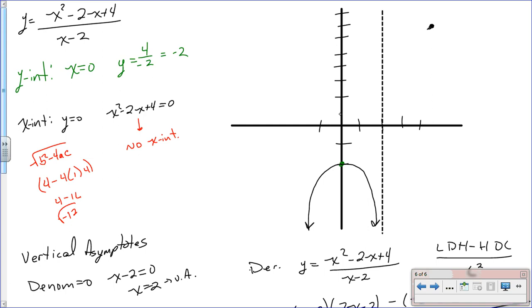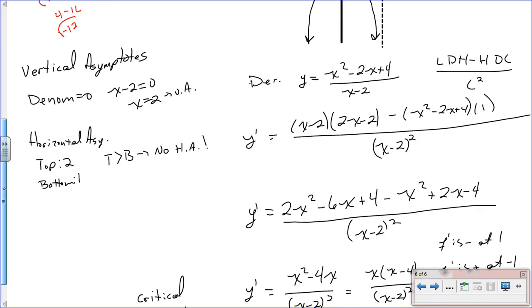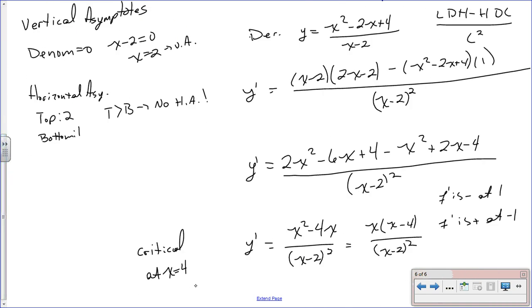All right, and we already know it has to open up, because if it opened down, it would cross the x-axis. But let's just make sure. We know we have a critical point at 4, so let's test f prime at 3. When you plug in a 3, this is negative times 3, still negative over a positive, so it's negative at 3.